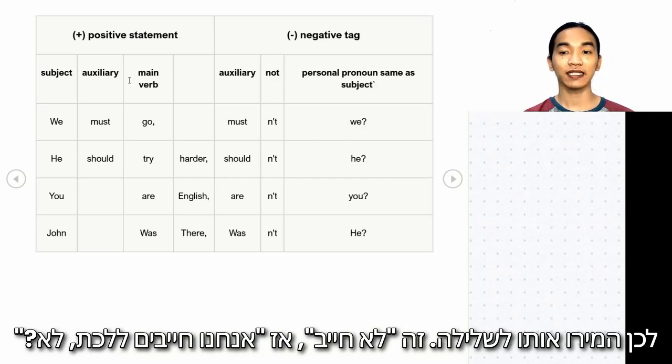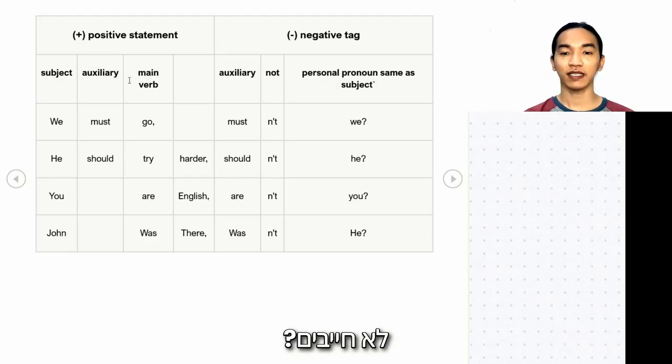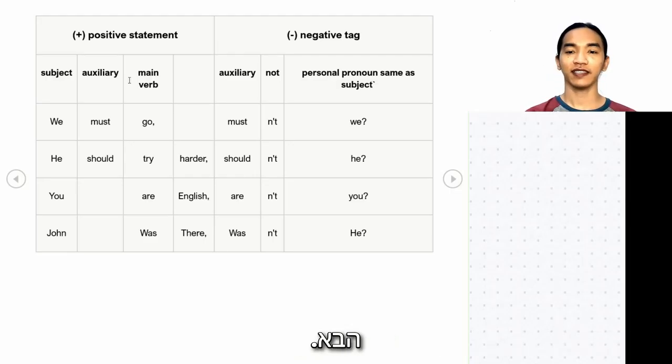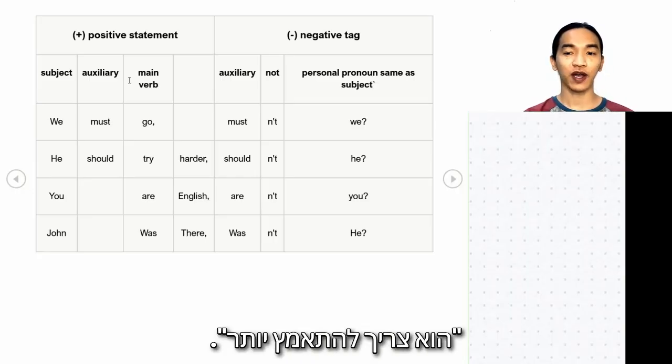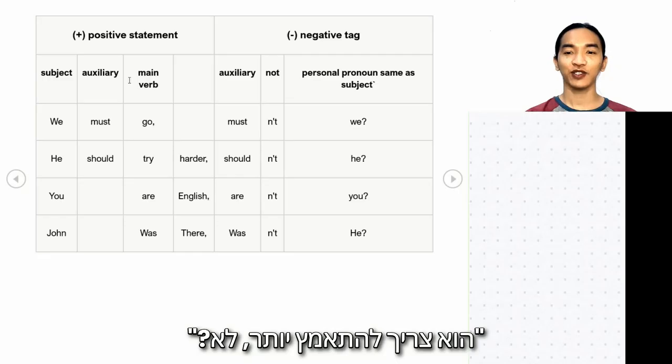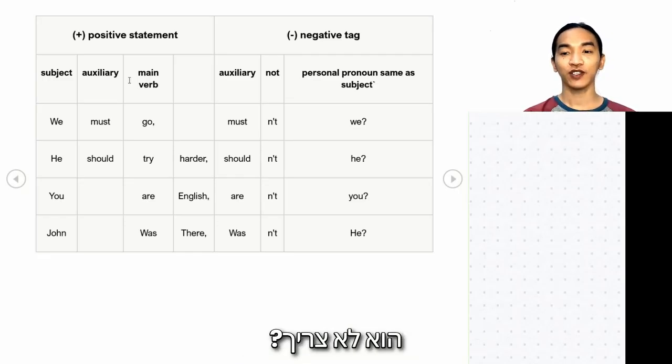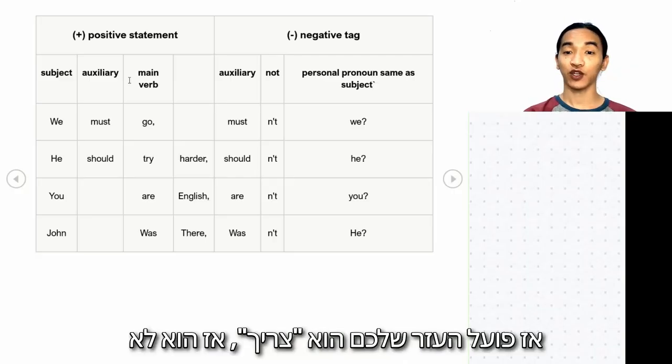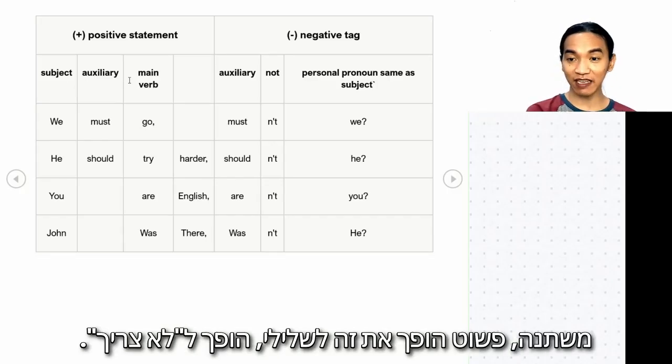So we must go, mustn't we? All right, next one. He should try harder, shouldn't he? So your auxiliary verb is should, then just make it negative. Then it is shouldn't.